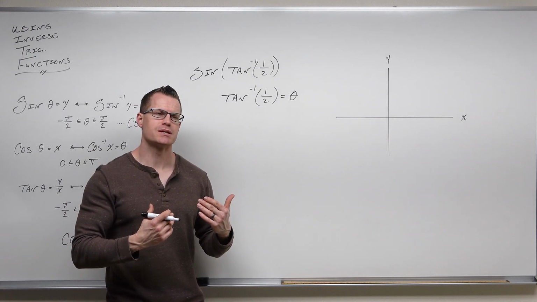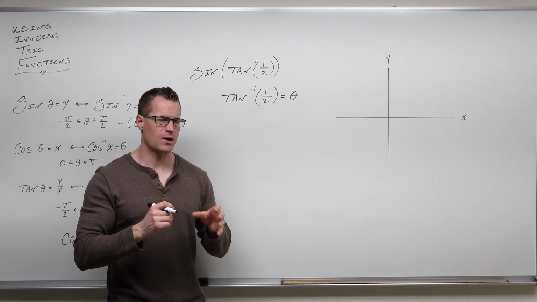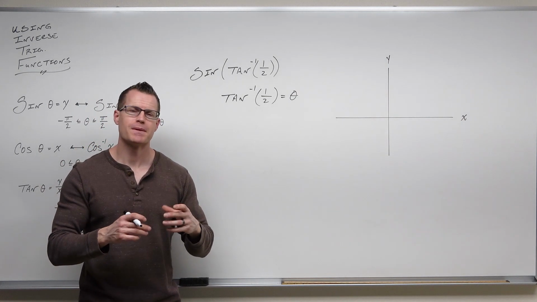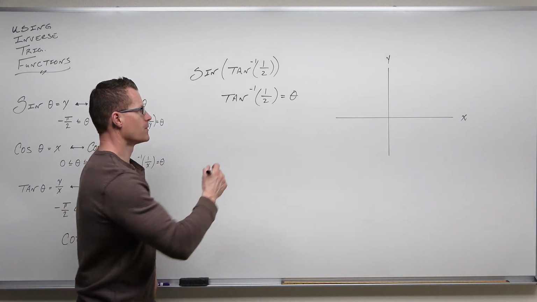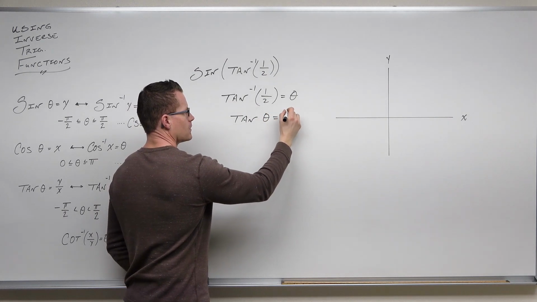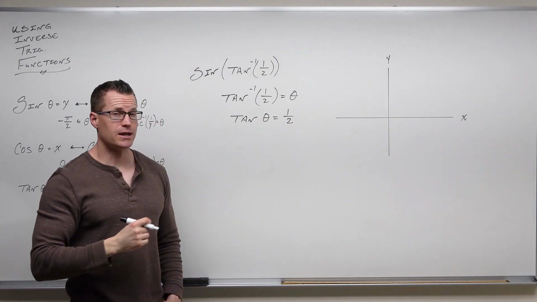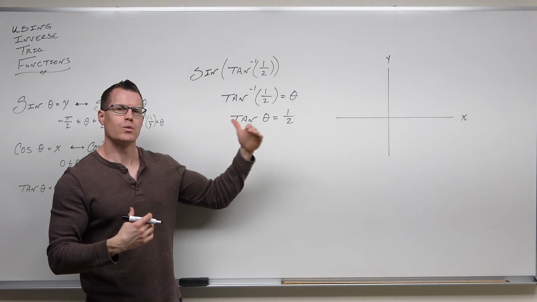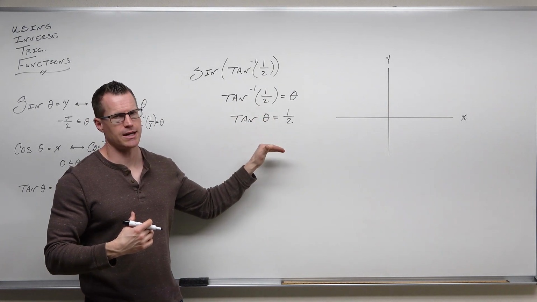And so what happens is, this is one of the reasons I was prefacing that if tangent inverse of 1/2 equals theta, this is only if tangent theta equals 1/2. Now before, when we were on a unit circle, this was really easy. But when we're not, this is really helpful.